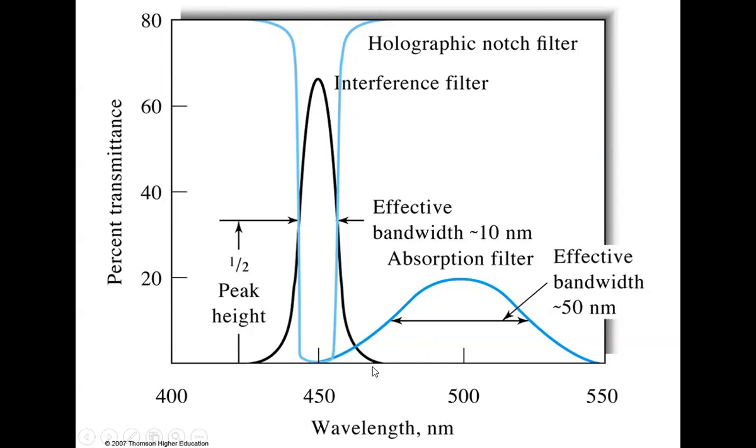Interference filters have a higher percent transmittance than the absorption filter. We measure the effective bandwidth at half peak height. I will not talk about the holographic notch filter, but I want you to note those two differences between the interference filter and the absorption filters.